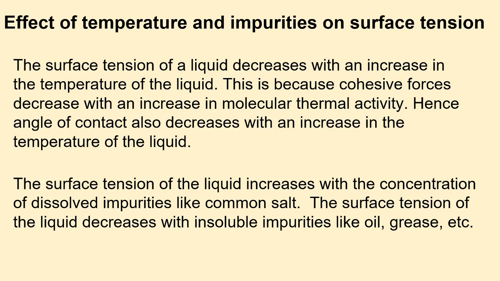So when we use hot water for cleaning clothes, it can easily wet the clothes and thereby clean them. When we add hot water, the surface tension decreases, the wetting becomes easier, and it can easily remove the dirt.